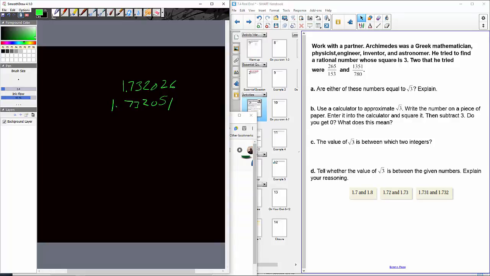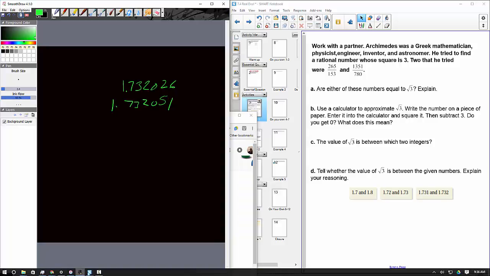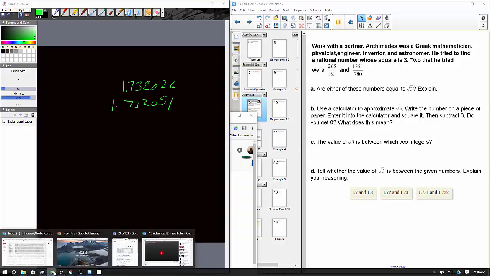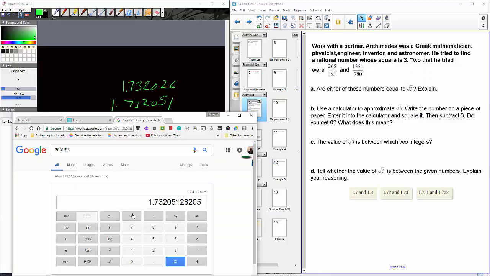And it says, are either of these numbers equal to the square root of 3? Well, the way that you figure this out is I could take the square root of 3, or I could take these numbers. I can take 1.732026, and I'm going to square it.